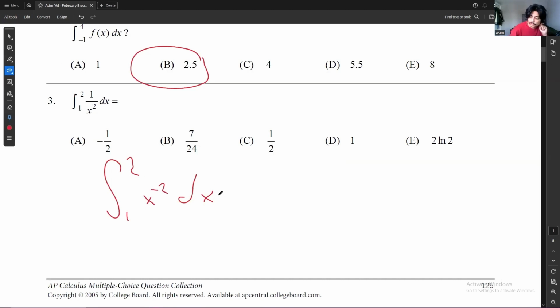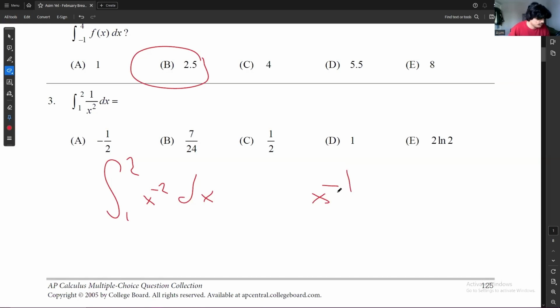And after that, we're just going to integrate it. In order to integrate, we add 1 to the exponent and then divide everything by the new exponent. So it's going to be x to the -2 plus 1. Usually people make this mistake: they write -3 because they think they added it, but actually not.